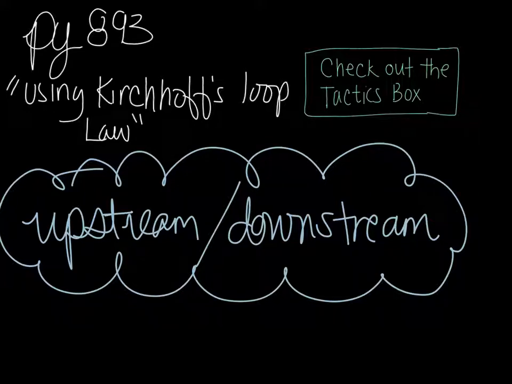So we talk about the current running downstream. In other words, it would be going from a positive potential to a negative potential for downstream, and for upstream it would be going from a negative potential to a positive potential, which seems logical. So that's going to come into play with how we add up the potential difference across each element in the circuit.